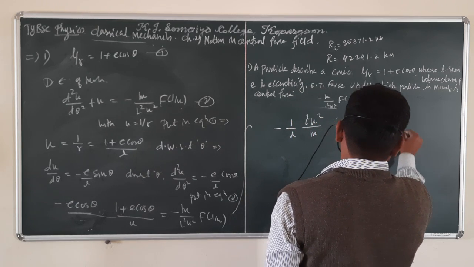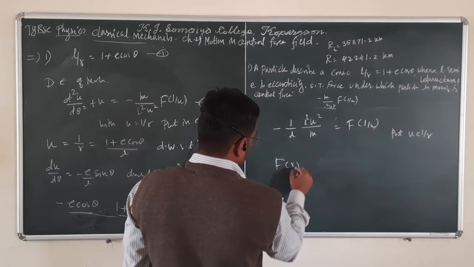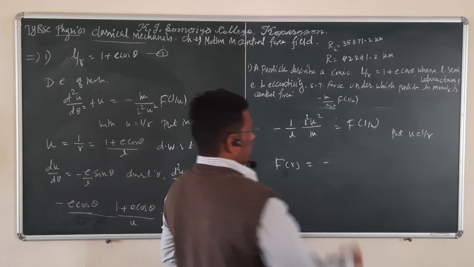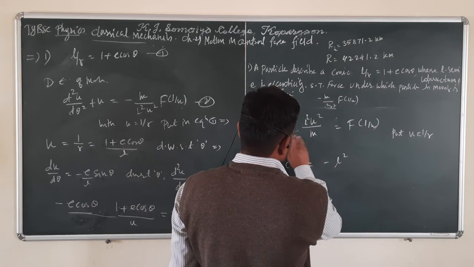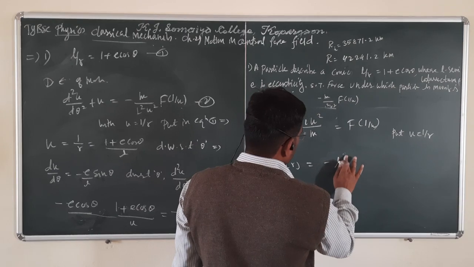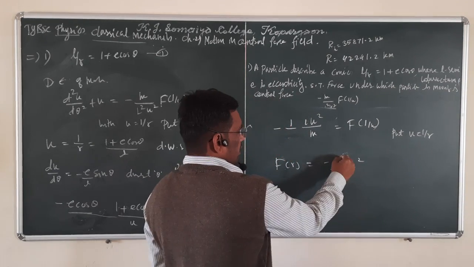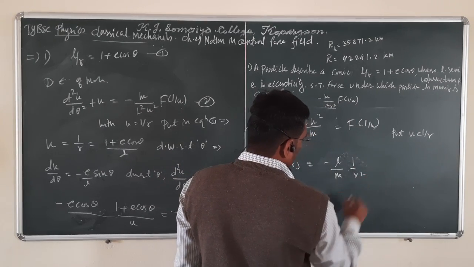So put again u is equal to 1 upon r. Then f of r is equal to minus, this l will cancel, so l divided by m into u square. l is constant, m is constant, and u is 1 upon r, so 1 upon r square.